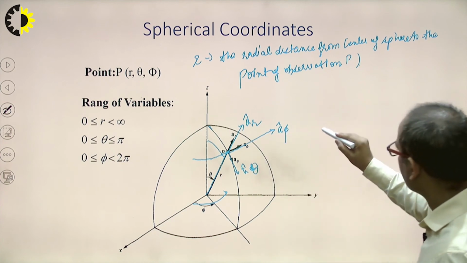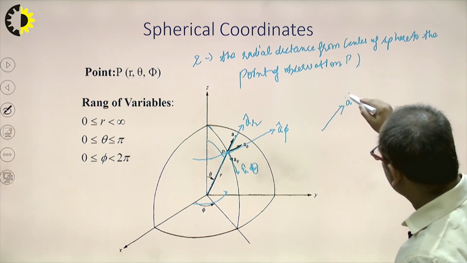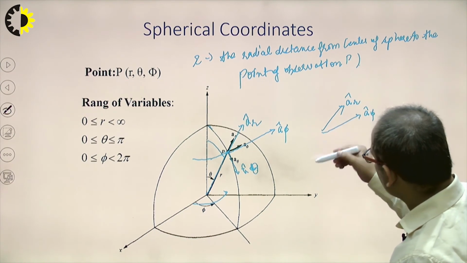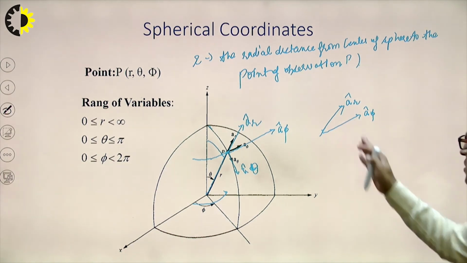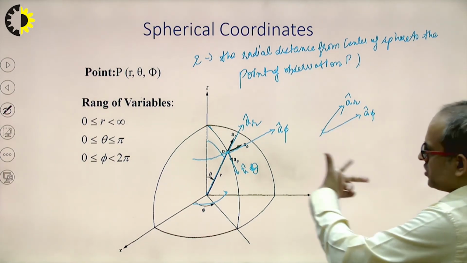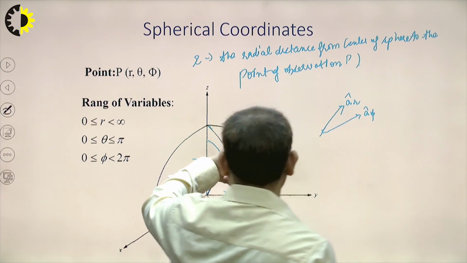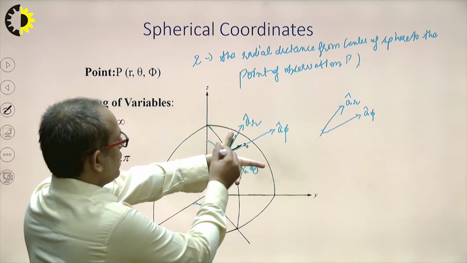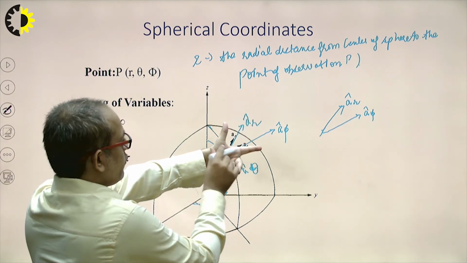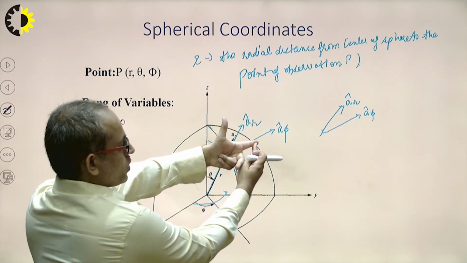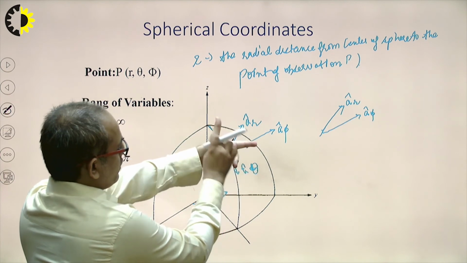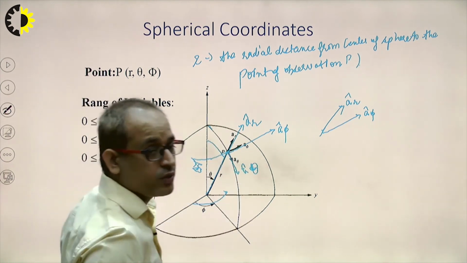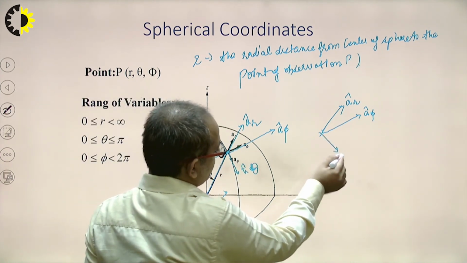Here a cap r, a cap theta and a cap phi are all 90 degrees to each other.